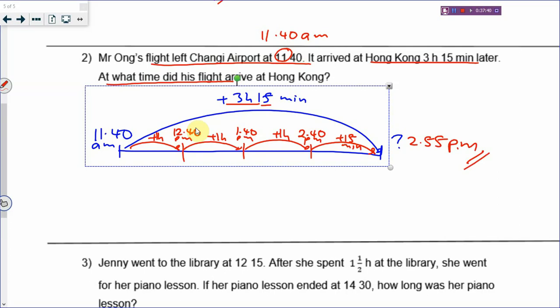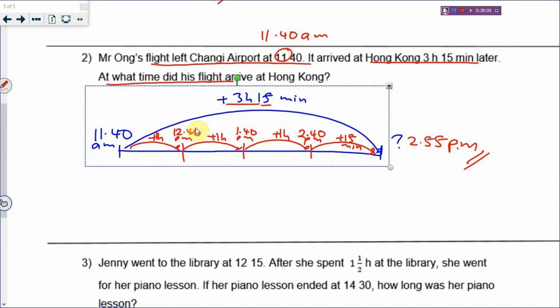What I have done is I jump in hours. Earlier on, you found your nearest hour, but then you realized that you overshot. So never mind, you can always adjust again. You jump the hours, and you can get your answer as well.